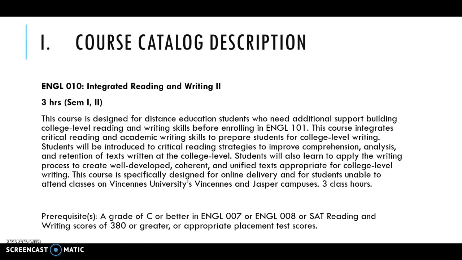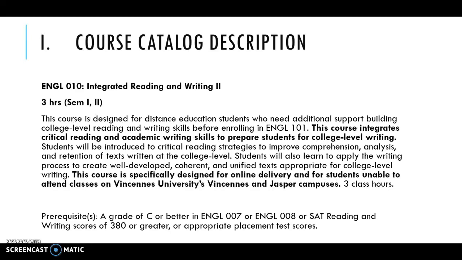Two other things to point out as far as this course goes, and they're highlighted in the course catalog description. This is, of course, an integrated reading and writing course, and that needs to be thought of throughout every decision made as far as assignments go. Where can we find ways to put reading and writing activities together and to support those skills together as much as possible?